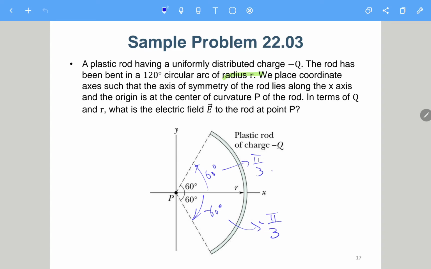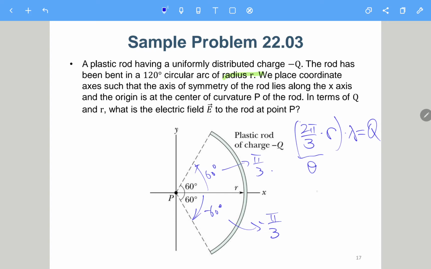So the whole arc is 120 degrees, which is 2 pi over 3, which is the angle, and then multiplied by the small r will be the length of the arc, multiplied by the density, will be the charge, like this.